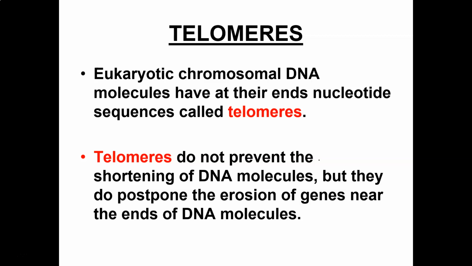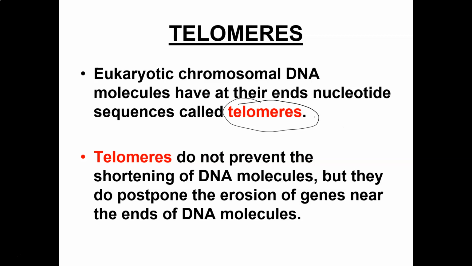So all the linear chromosomes have what are called telomeres at the end. Telomeres are repetitive sequences of nucleotides that are not carrying important genetic information. In other words, you can do without them in terms of not losing any important genes.